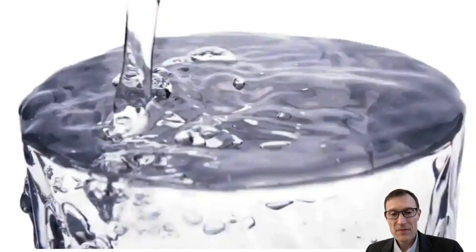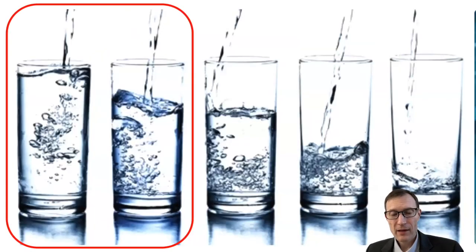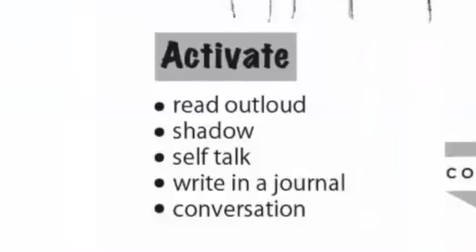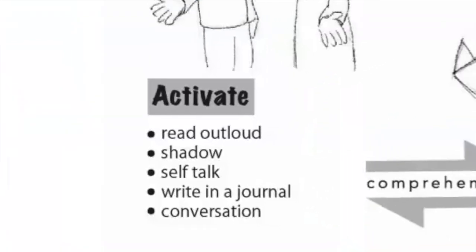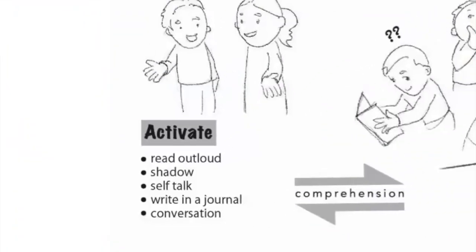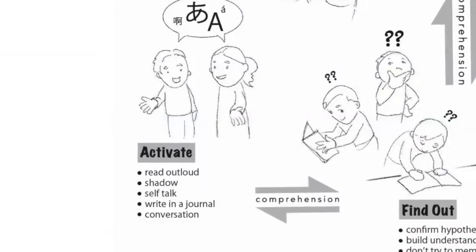Okay. Still, you will have errors. Still, you will make mistakes. Once you get to this point, though, where you've really started to recognize the word and feel comfortable with it, that you know the word, you can recognize it reliably, you know what it means, then at that point you can start doing what I like to call activation activities, okay?